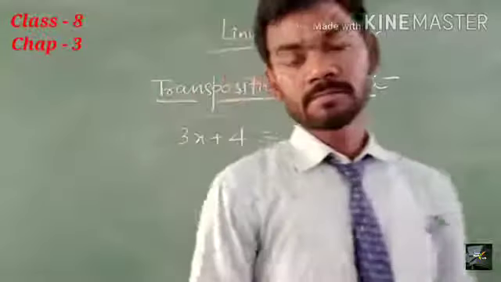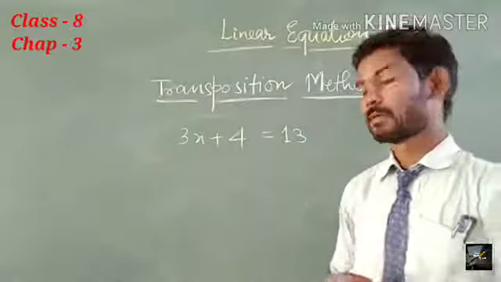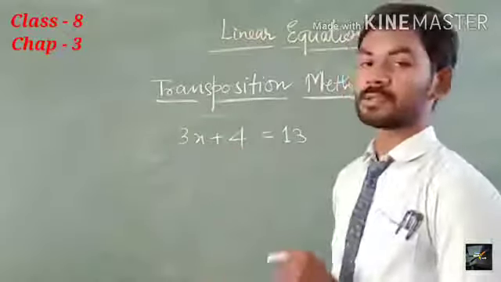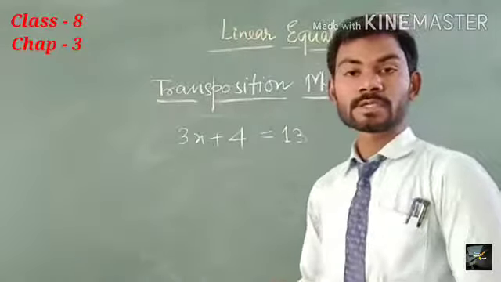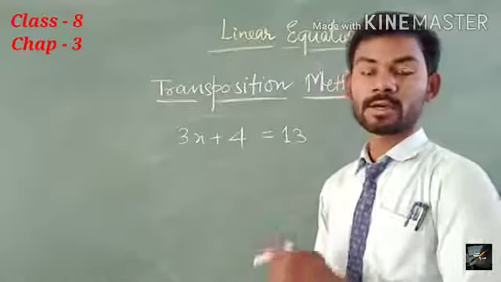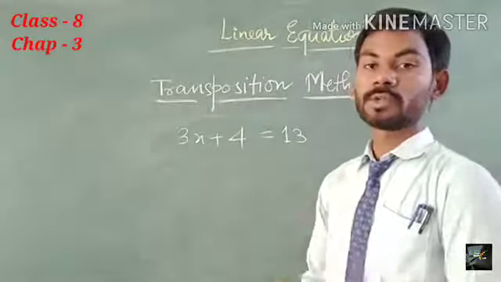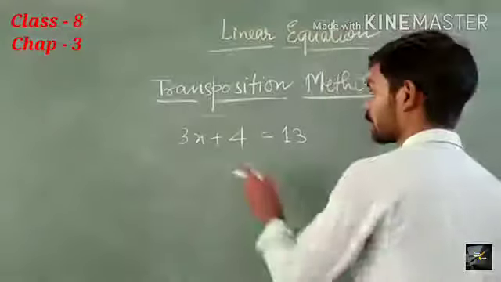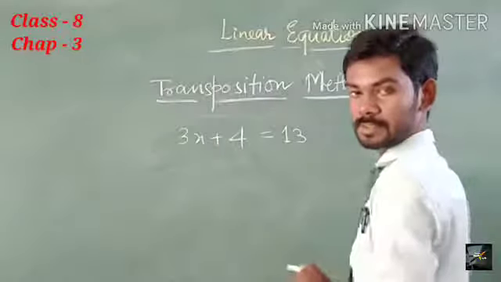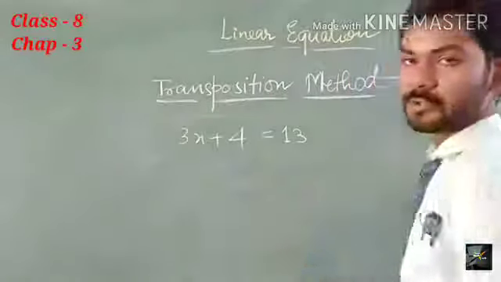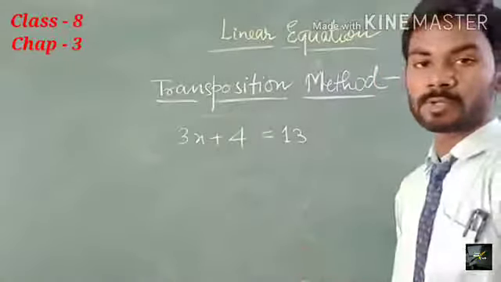In this method we have to isolate the variable by transferring the quantity. Here we transfer the constant quantity to one side of the equal sign and the variable quantity to the other side. So here first we transfer 4 to the right side, because on the right side there is no variable quantity, so it is easy to separate the variable.